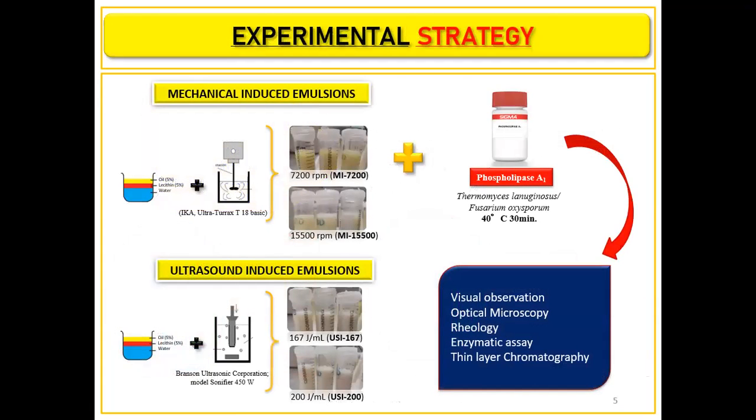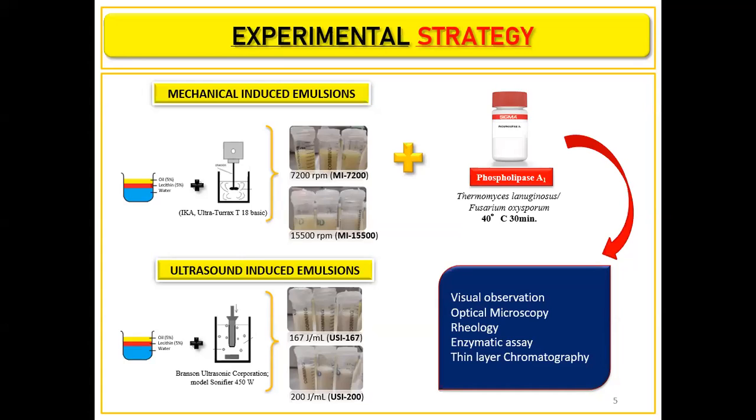With this in mind, and despite phospholipases currently being used in different industrial processes, it's not clear what effect these enzymes have on food, mainly on lecithin-based emulsions. However, it can be hypothesized that phospholipases are able to hydrolyze phospholipids arranged in an oil and water emulsion, consequently modifying the stability of the emulsion.